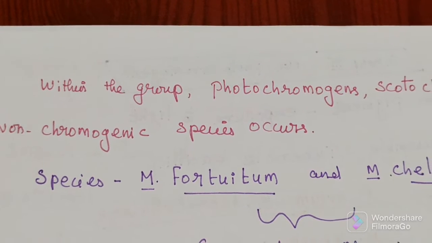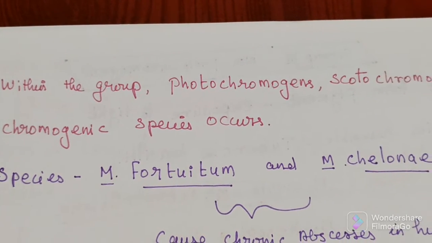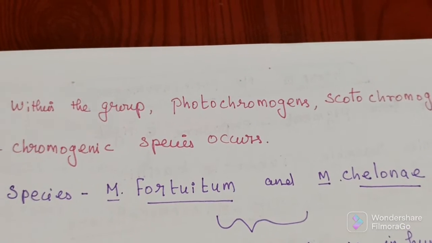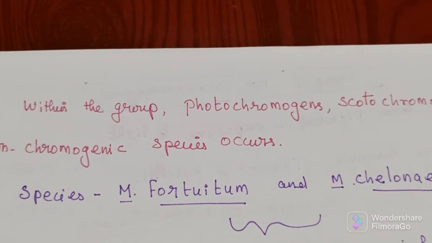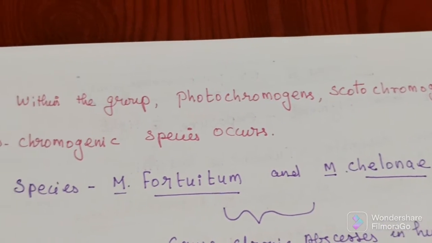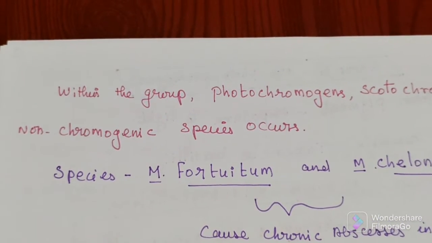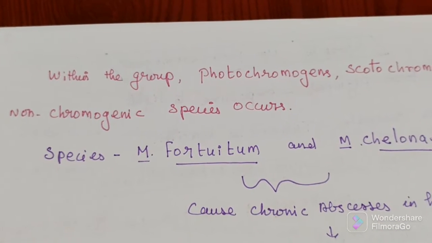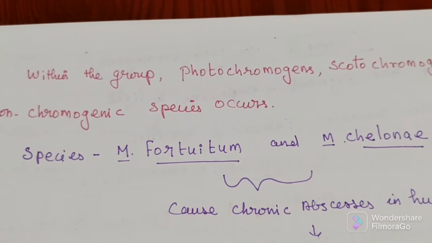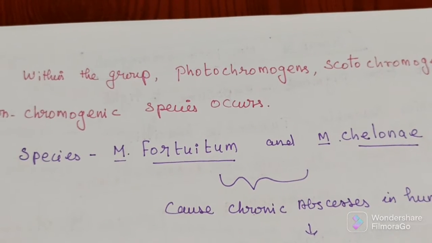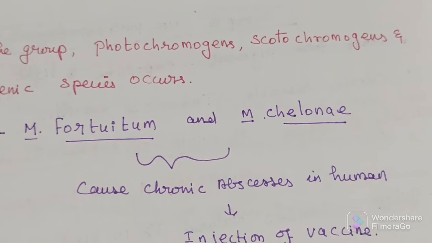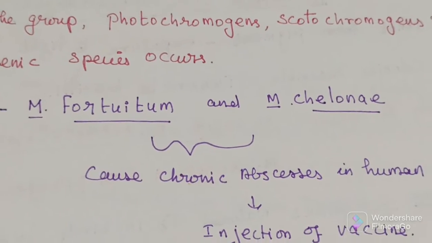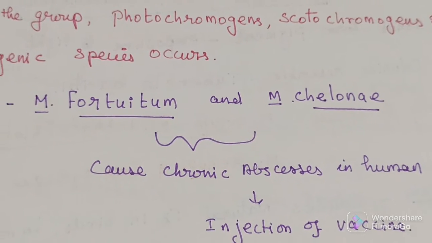Within the group, photochromogens, scotochromogens, and non-chromogenic species occur. All these three groups come under the fourth group. The medically important species in group 4 are Mycobacterium fortuitum and Mycobacterium chelonae.